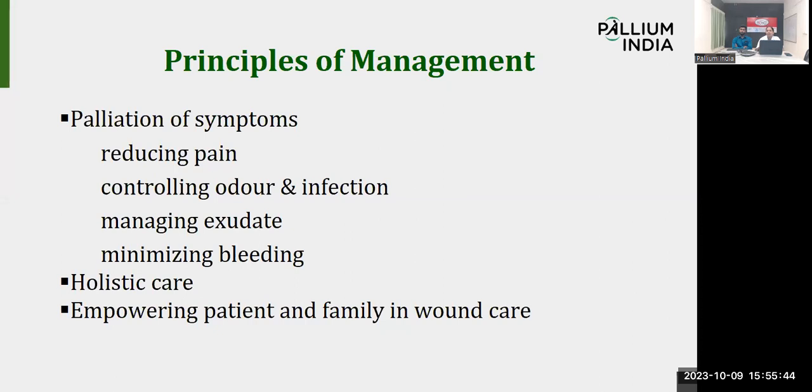Because of his physical impairment, he will be having mental issues like, now who will look after my family? How will my family earn, right? How will we get a piece of bread to eat? So all these thoughts will be associated. Along with that, spiritual and social issues will be accompanying, right? So we have to focus on holistic care, and on whatever palliative factors we can manage along with the patient and the family, we can help them.